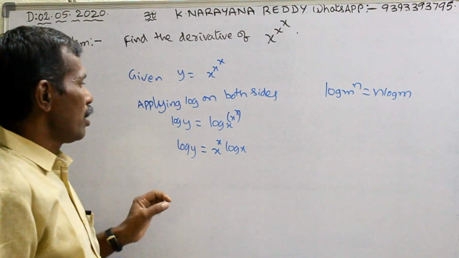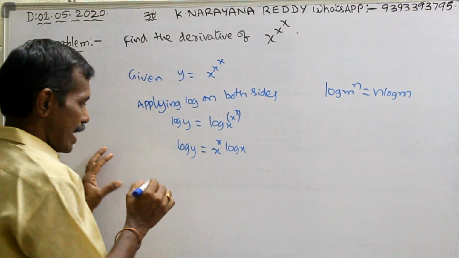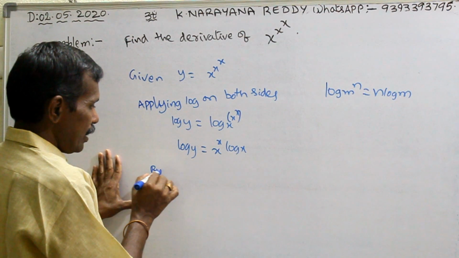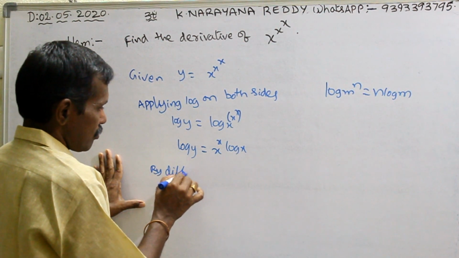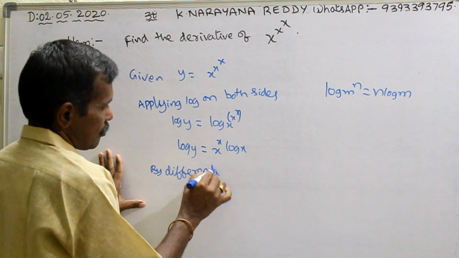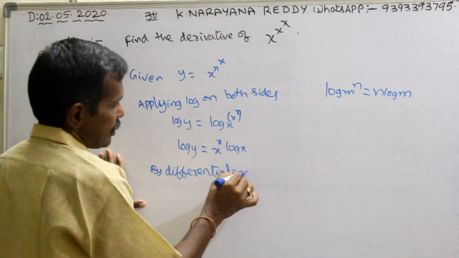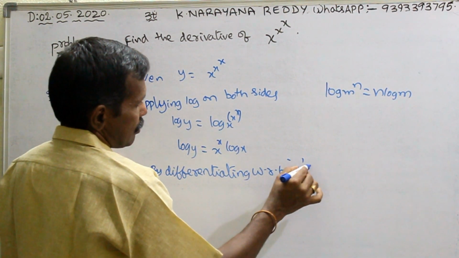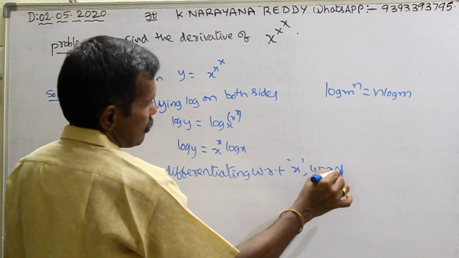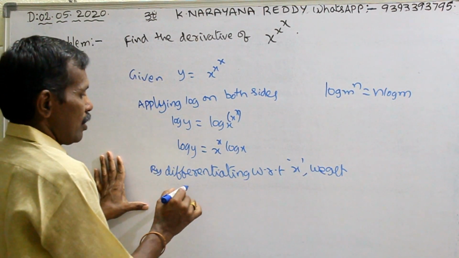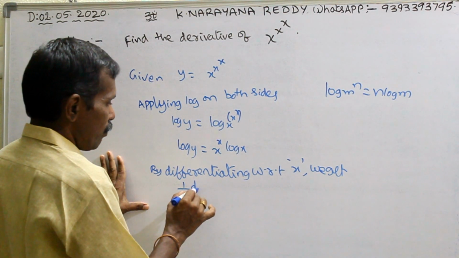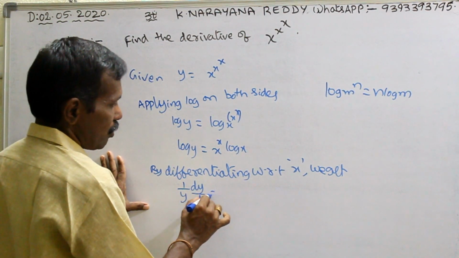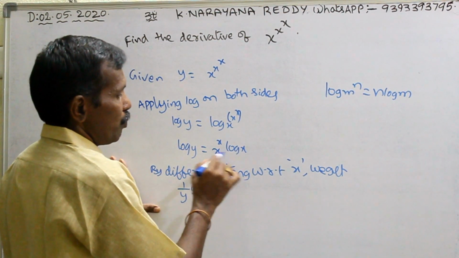Now differentiating with respect to x, we get 1 by y dy by dx equals, using the UV formula.